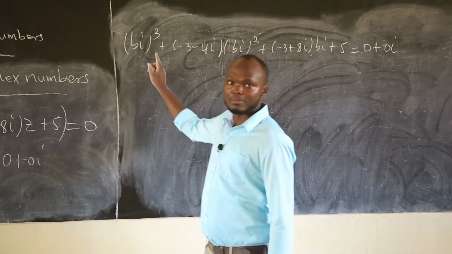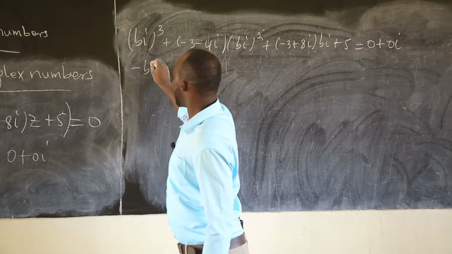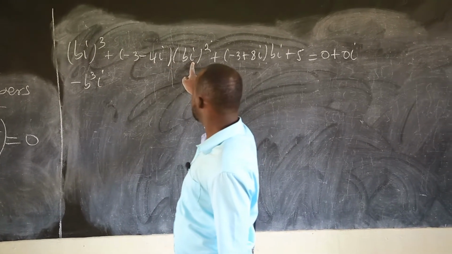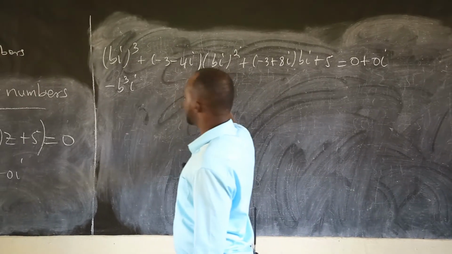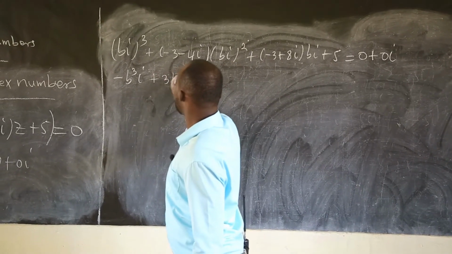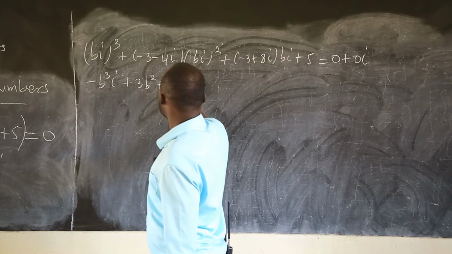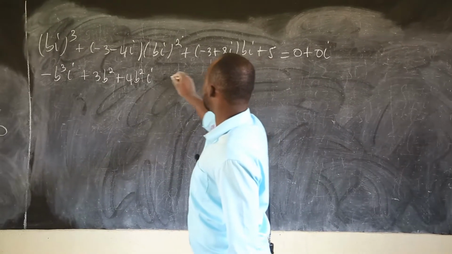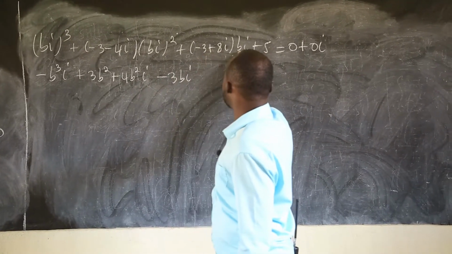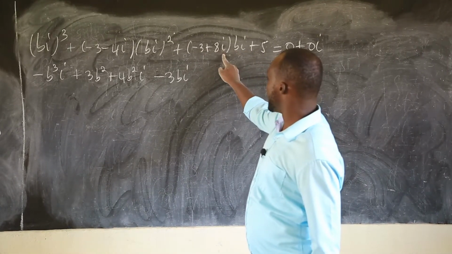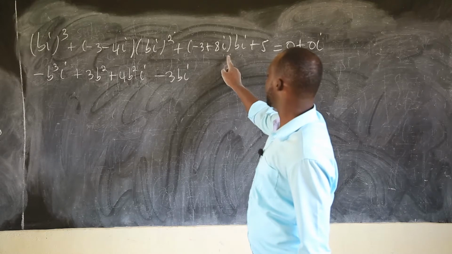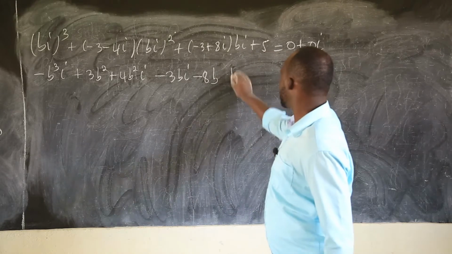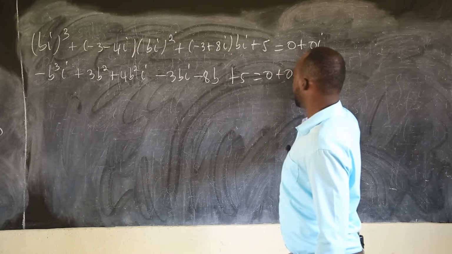Now you know that i^3 is negative i, so that is negative b^3 i. i squared is -1, so that is negative b squared, which gives positive 3b^2 plus 4b^2 i. This one times this is negative 3bi. So i times i is -1, because it is i squared, which is -1. So it is negative 8b plus 5 equal to 0 plus 0i.